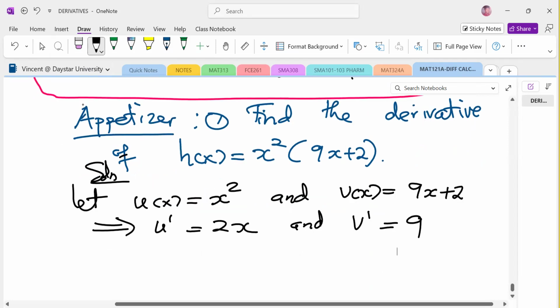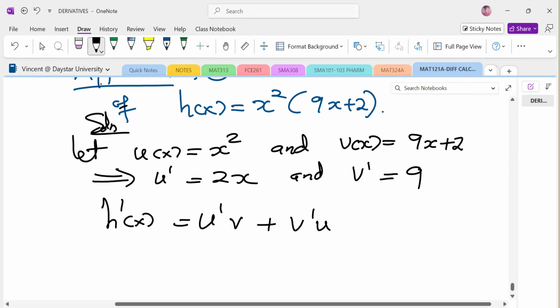So h prime of x is given by u prime v plus v prime u. This is by definition. So which will give us u prime, which is 2x, times v, which is 9x plus 2, plus v prime, which is 9, times u, which is x squared.